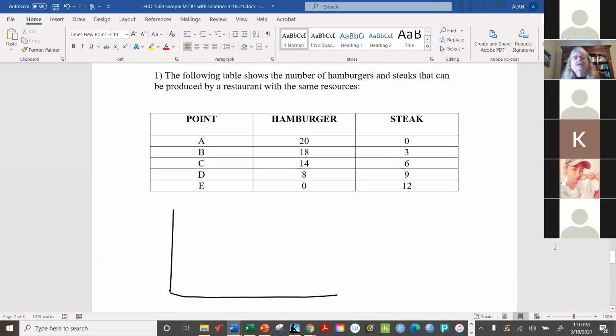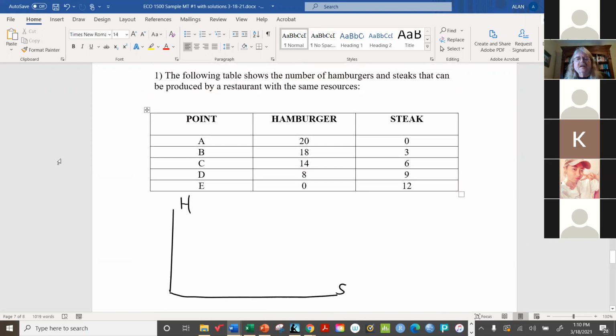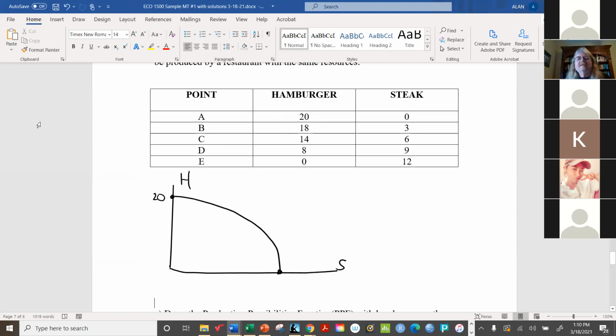We've got hamburger on the vertical axis and steak on the horizontal axis. Now, it does say that we should draw it, so we have to draw it, and we'll do the best we can. But remember, we're not artists, and this is the kind of thing that you normally don't draw by hand. In fact, why don't we cheat a little and draw the correct shape first, and then we'll do the points afterward. How about that?